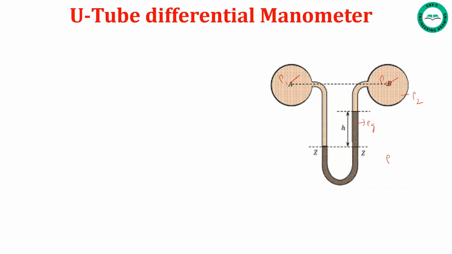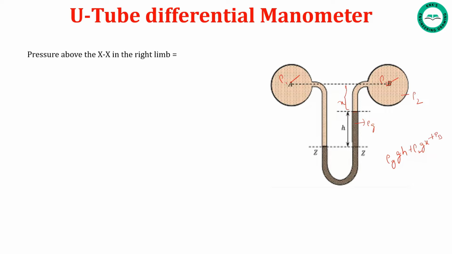So that is rho G into gravity, that is G, into height of the liquid H, plus rho 2 G into height, that is here you can take it as X from the reference level to the center point of B, plus pressure point.